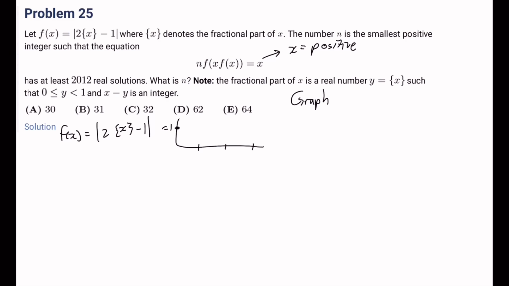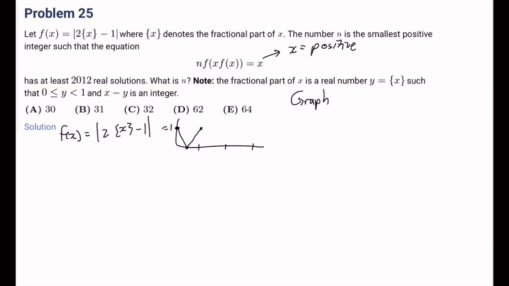When x is equal to 1/2, that will give us 0, so it's going to be like that. And then when x is 1 again, it's going to be the absolute value of 1 like that. Note that this is the fractional part, and this is 1 because when x is an integer, this becomes 0.